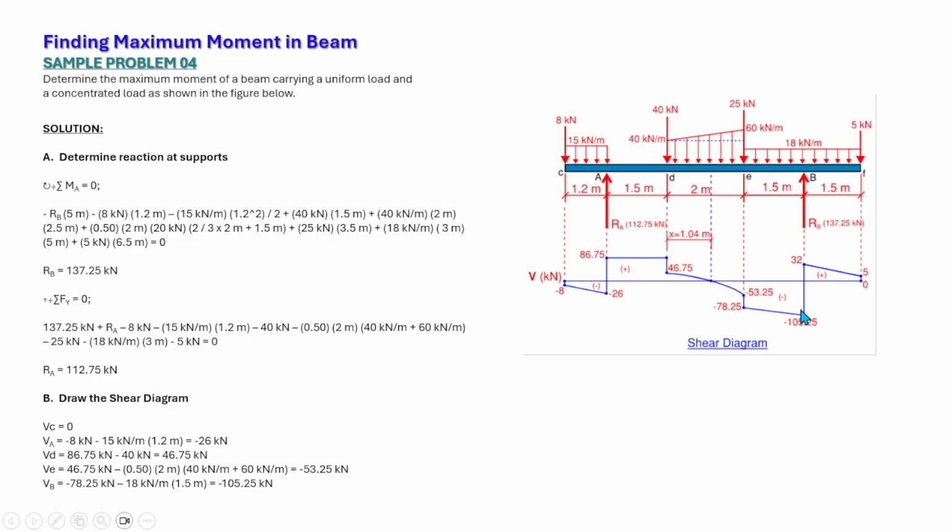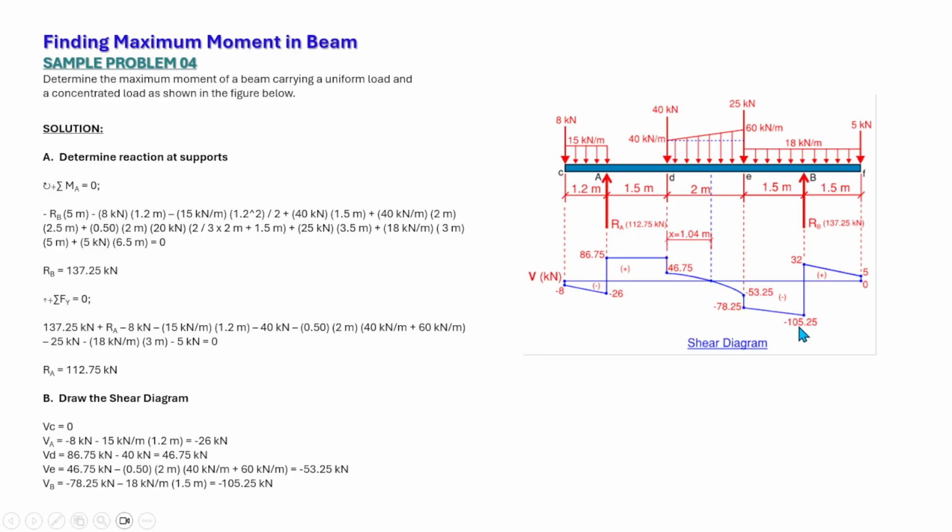So this is linear because the load between A and B is uniform. So here we have a triangular, we have a trapezoidal loading here, a first degree, so we have a second degree curve in the shear diagram.